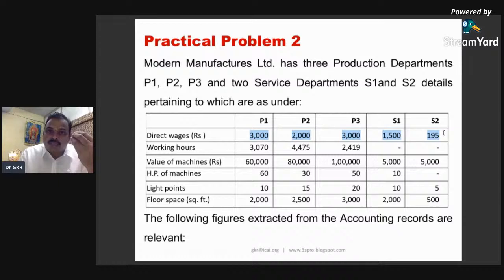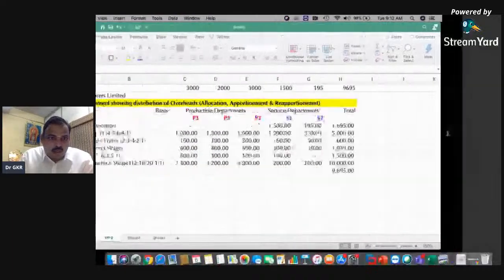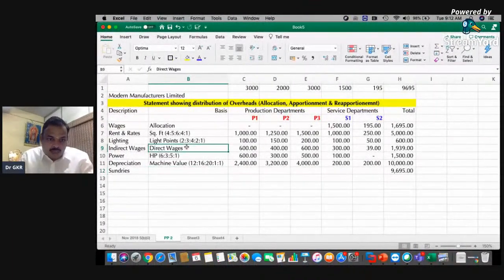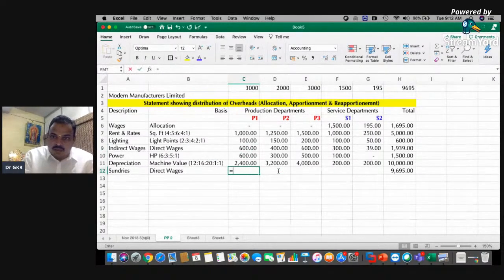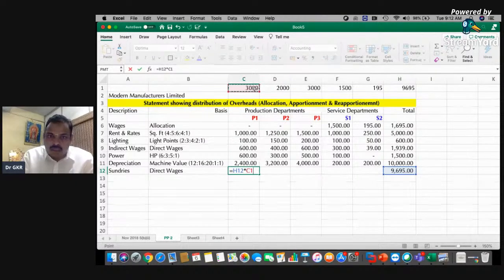If it is general overheads or general expenses, better always go by direct wages, because majority of the overheads will be connected with people. If only people is there, then overheads will be there. So therefore, again, we can go by the direct wages. So we have the same basis. We can apply the same basis. So that is your 9695 into your 3000 divided by 9695. So the same basis we'll apply.